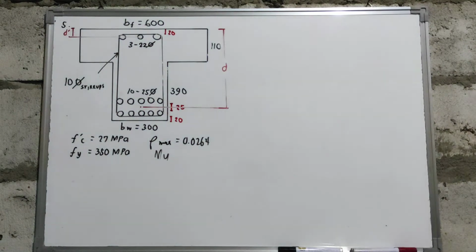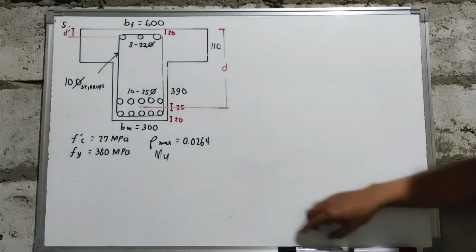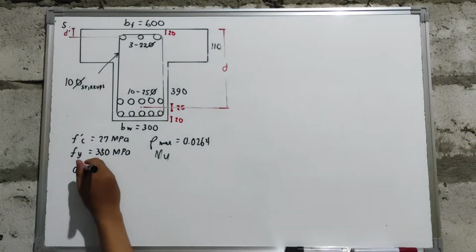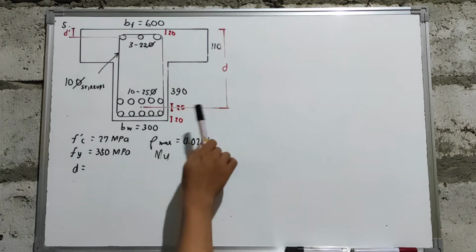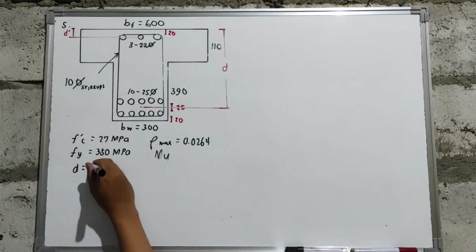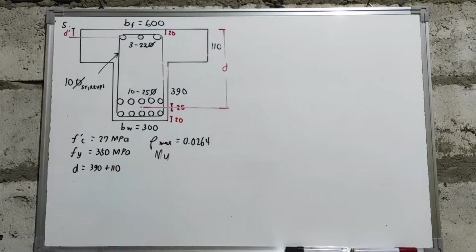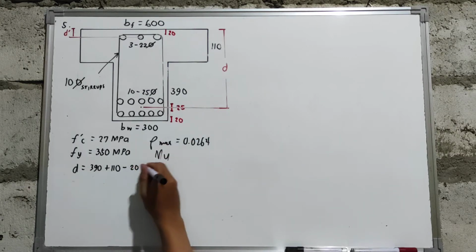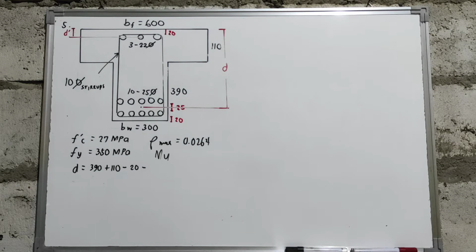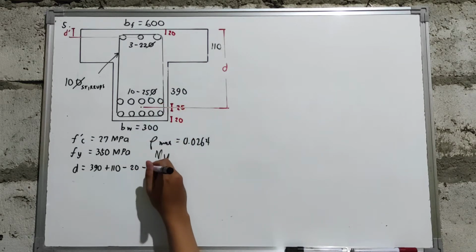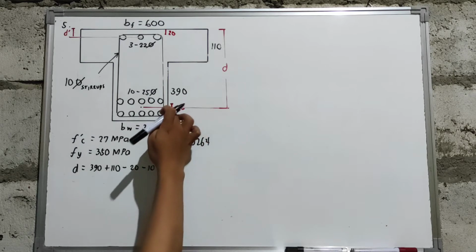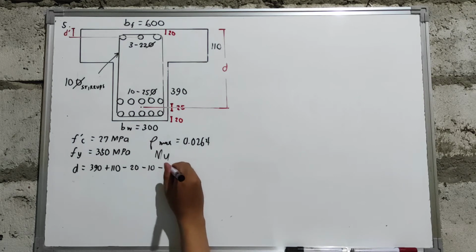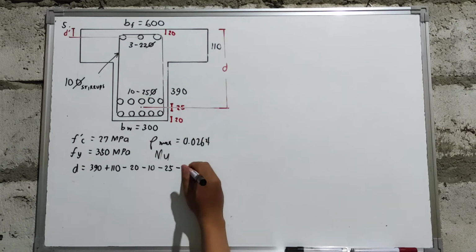So first, let us calculate the value of your d. d is equal to the total height of our beam, we have 390 plus 110, minus the clear concrete cover of 20 mm, minus the diameter of our stirrups of 10, minus the diameter of one row of our bars with a diameter of 25, minus half of our 25 mm.